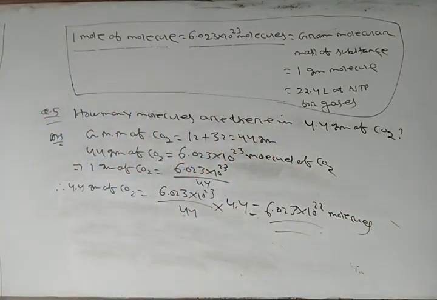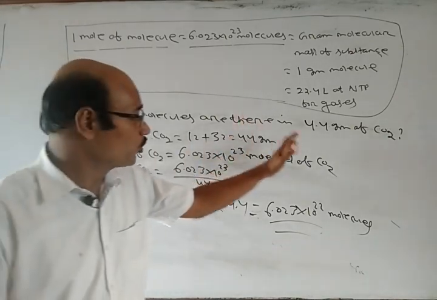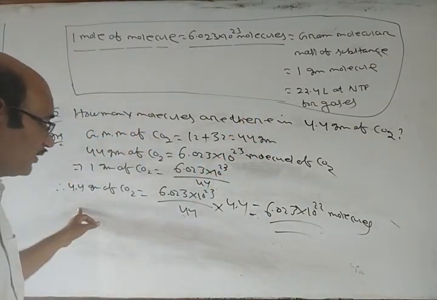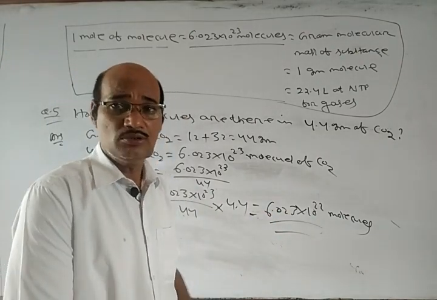So the number of molecules in 4.4 gram of carbon dioxide is 6.023 into 10 power 22 molecules of carbon dioxide.